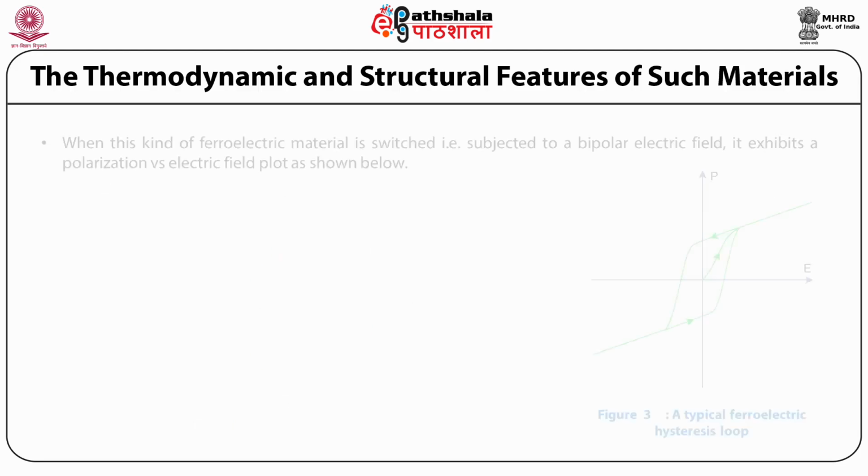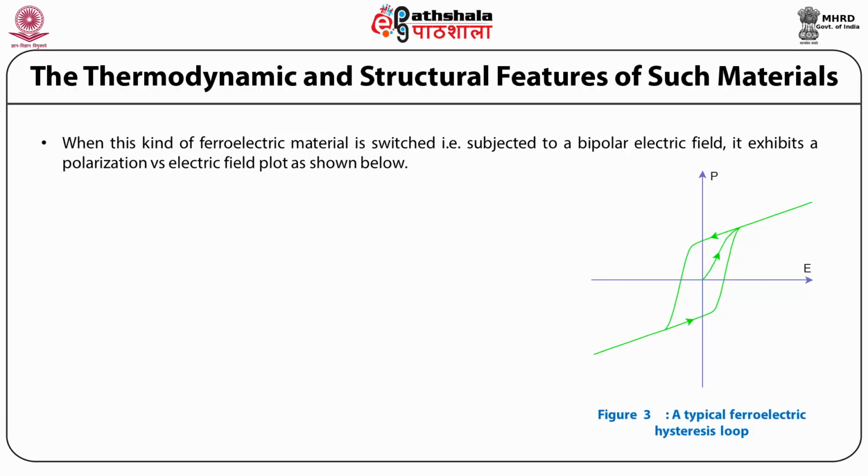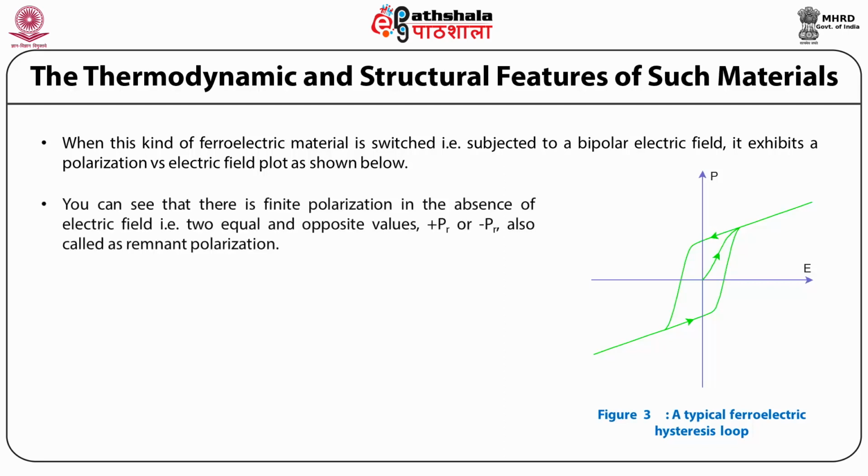When this kind of ferroelectric material is switched, that is, subjected to a bipolar electric field, it exhibits a polarization versus electric field loop, which you can see in this figure. You can see that there is finite polarization in the absence of electric field, that is, two equal and opposite values, plus Pr or minus Pr, also called remnant polarization.